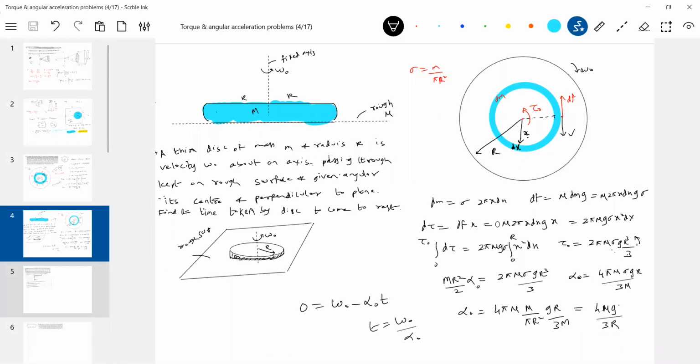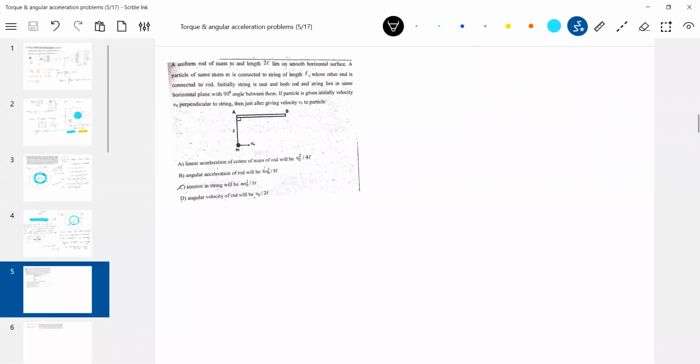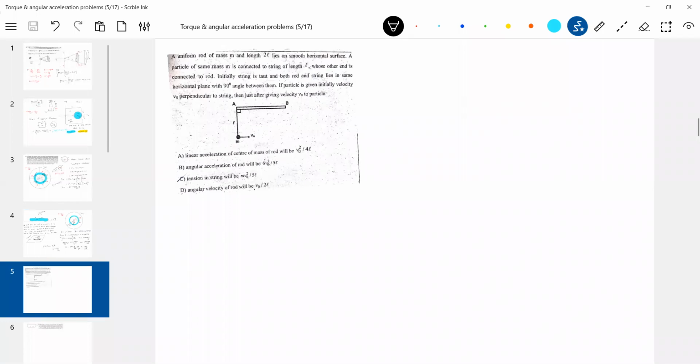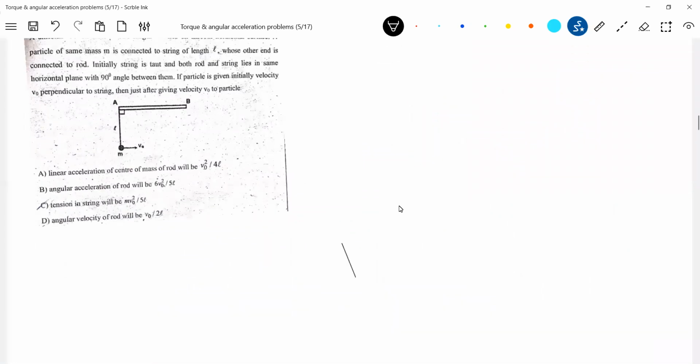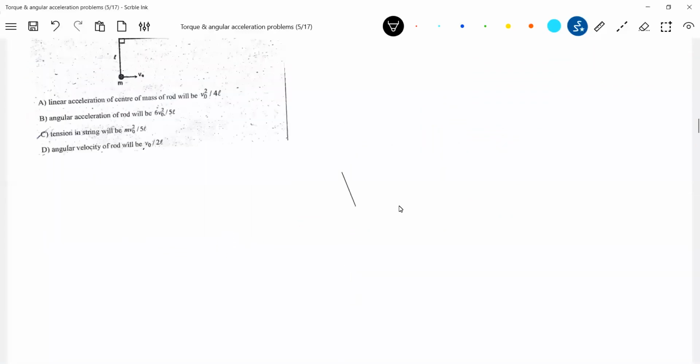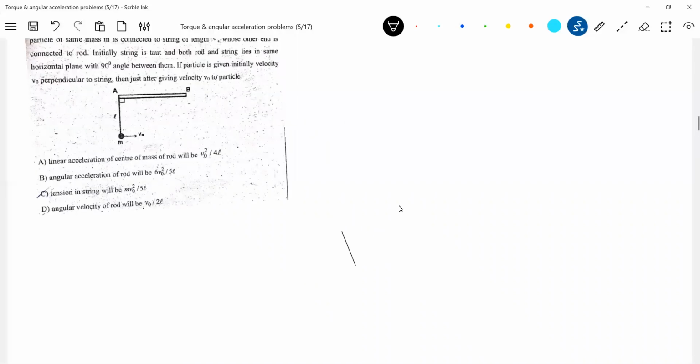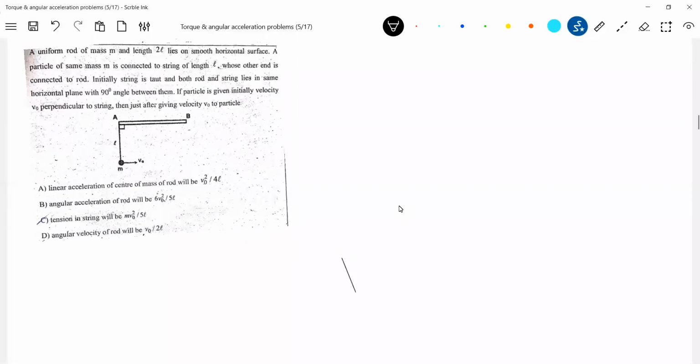Okay, now read this question. Read the question. There's a rod, a string, and a particle.